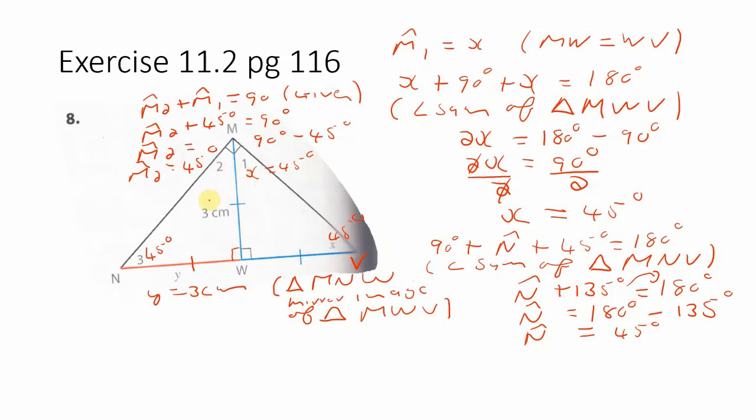So let's classify these triangles. We can see in fact all of them are exactly the same. The big one has a 90 degree and two 45 degrees. The small one on the left has a 90 degree and two 45 degrees. The small one on the right has a 90 degree and two 45 degrees.